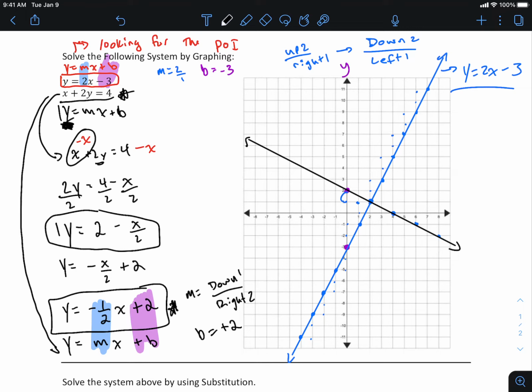All right, I can label this line as x plus 2y equals 4. And what is the point of intersection? Because that's ultimately the question we're trying to solve. Remember, we're looking for this point of intersection. Well, where do the two graphs cross?